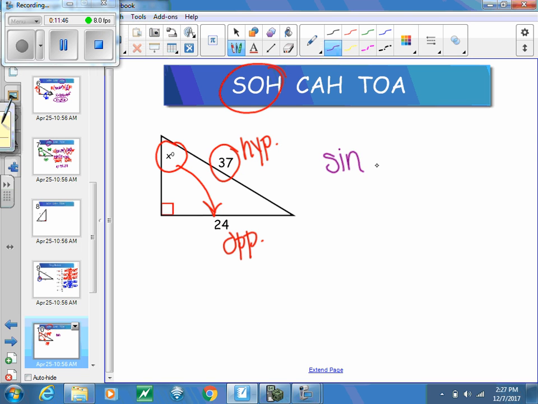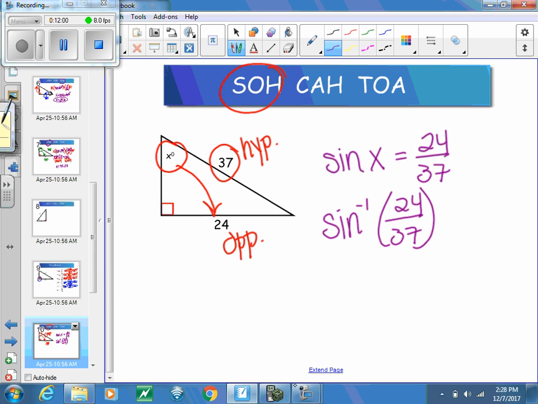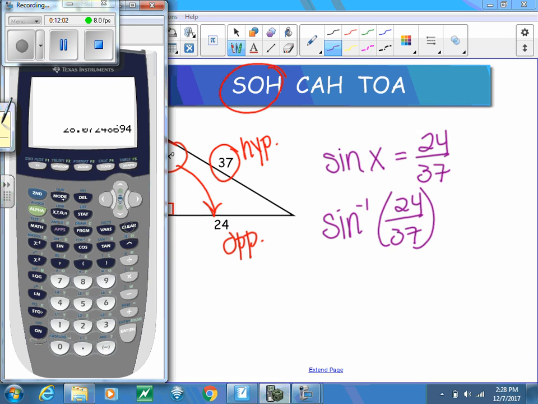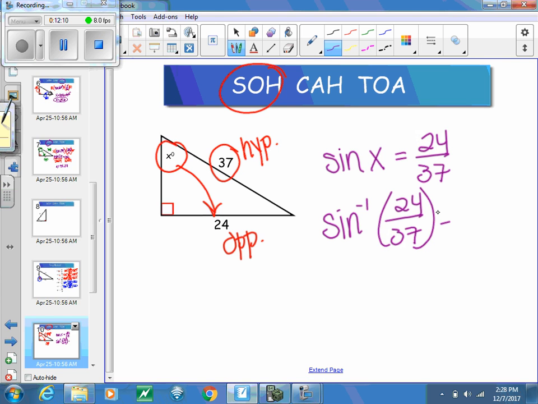So I can set this up as the sine of x is equal to 24 over 37. Solving for your angle then, we're going to take the inverse sine of 24 over 37. So now go to your calculator, do the inverse sine of 24 over 37, and we get 40.4 degrees.